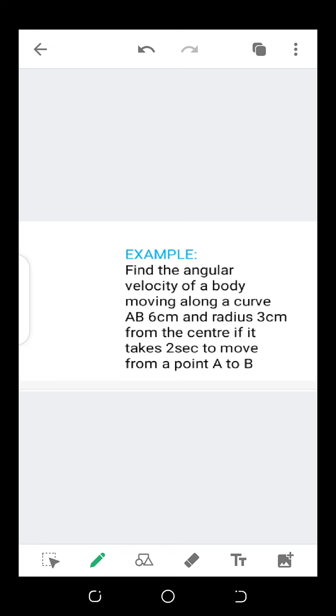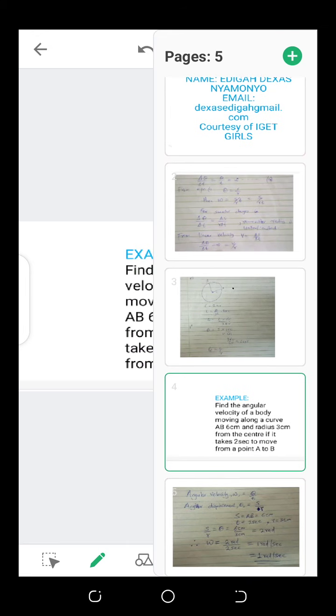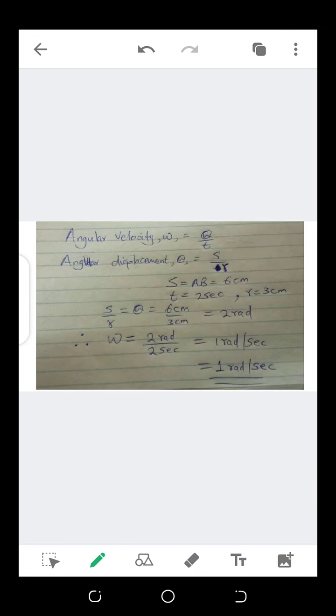We are given the curve AB, which is 6 centimeters, the radius R, 3 centimeters, and the time T, which is 2 seconds. Our problem is made simple if we know what we are looking for.